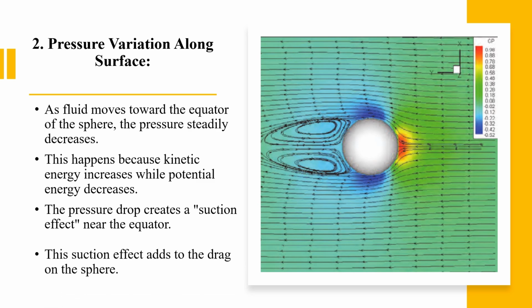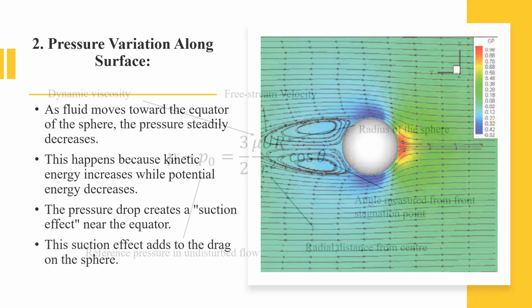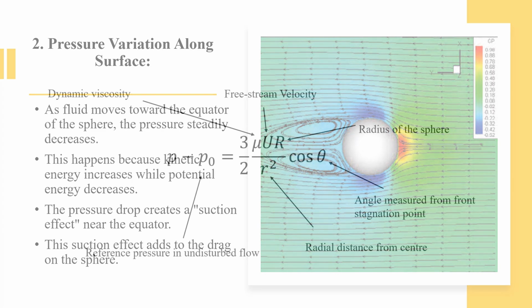At the equator, this drop in pressure creates what we call the suction effect. This suction pulls the sphere back, adding to the total drag force. It's like a tug of war between the front and the rear of the sphere.